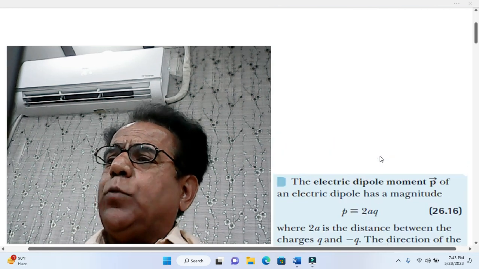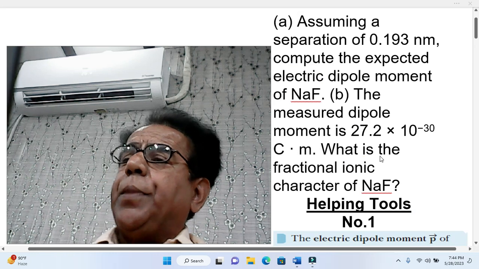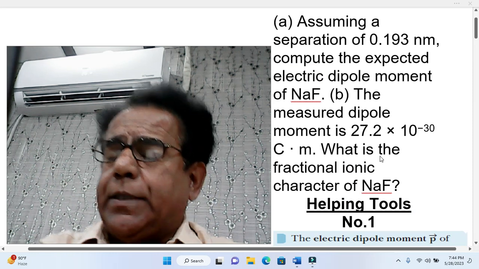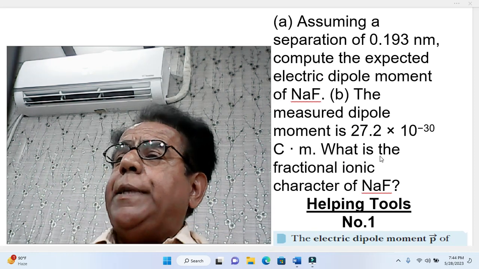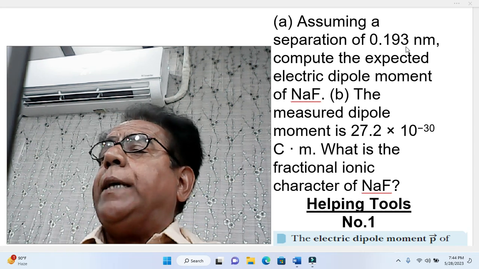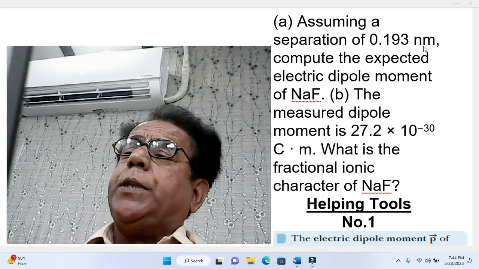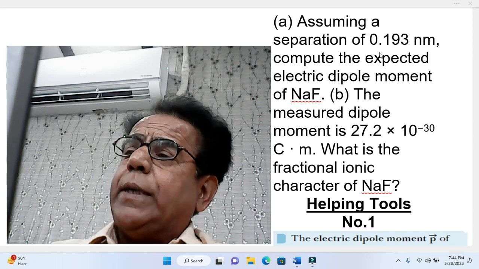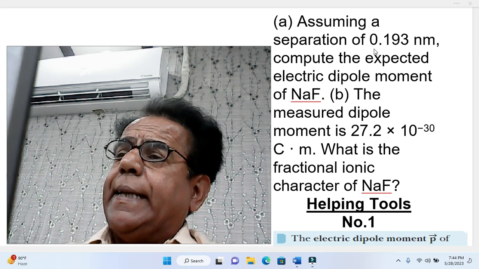We once again go to the problem in which it is given that assuming a separation of 0.193 nanometer. So dear students, this value is contained in the problem.